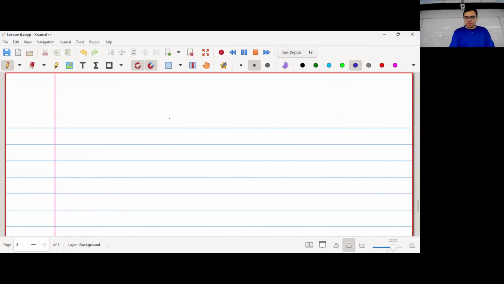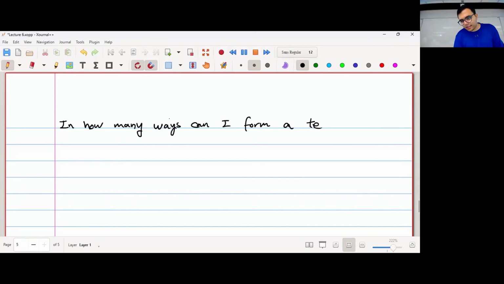Okay. So here's the next question. Let's say that I have n people, so my people are distinct, but I want to choose a team of R people. But I don't care what the order is. I don't want to put them in a queue. So the question is, in how many ways can I choose a team of R people from a set of n people? So in how many ways can I form a team of R people from n people?